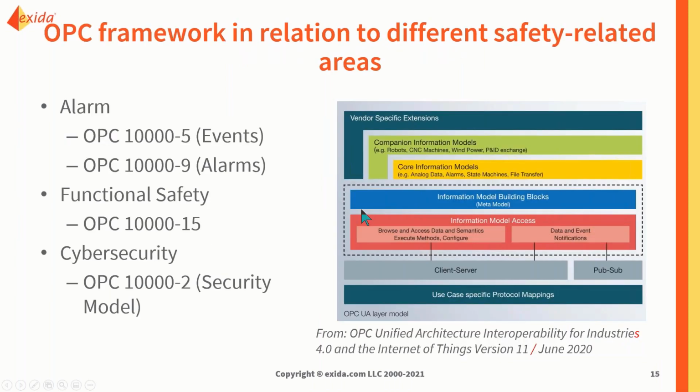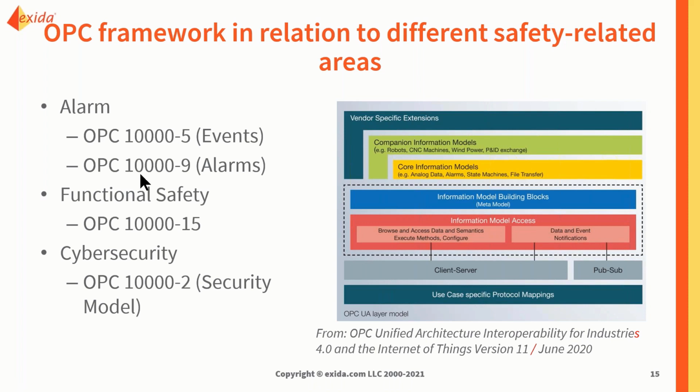And I would like to talk about how the whole OPC framework can be related to the different kinds of standards out there, like the alarm standard ISA 18.2, the functional safety standard IEC 61508, or the cybersecurity standard IEC 62443.